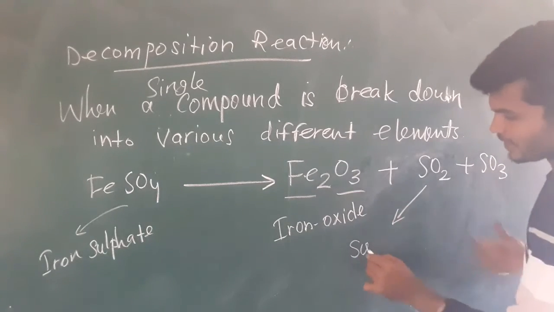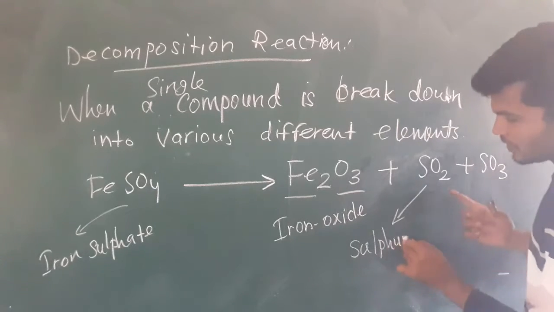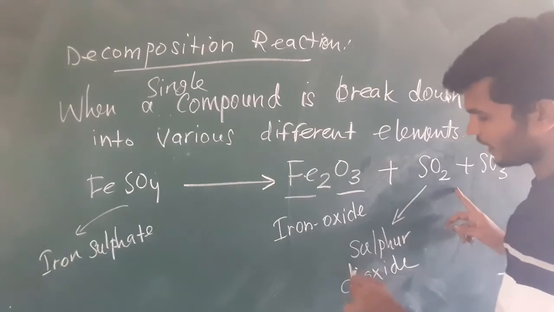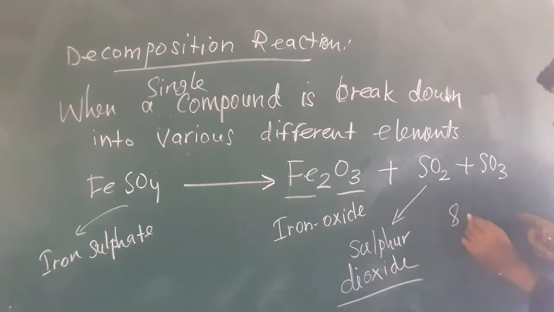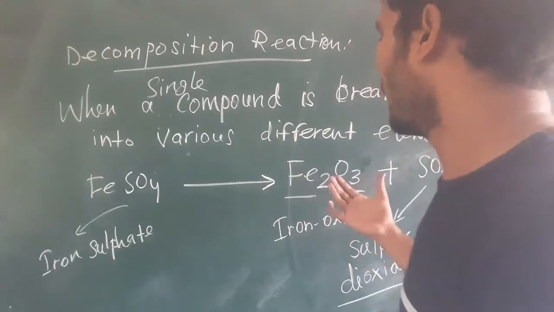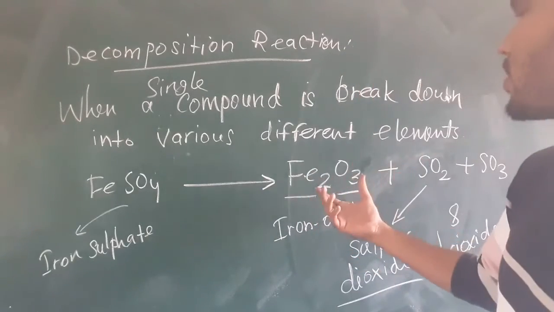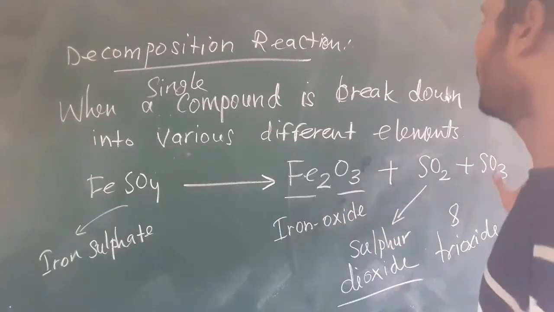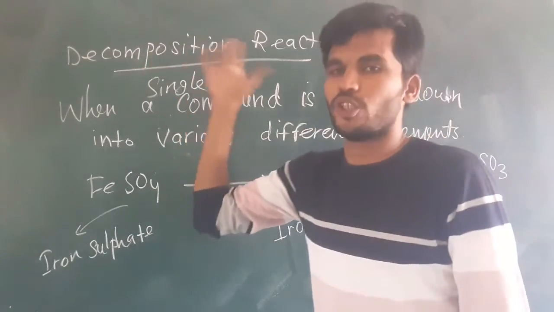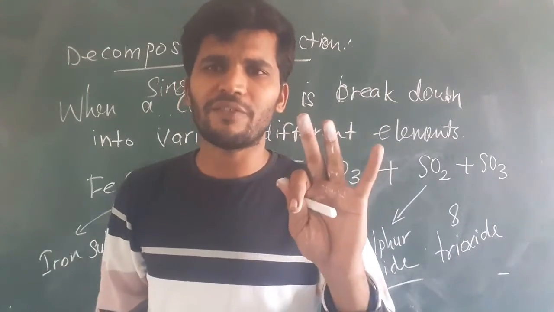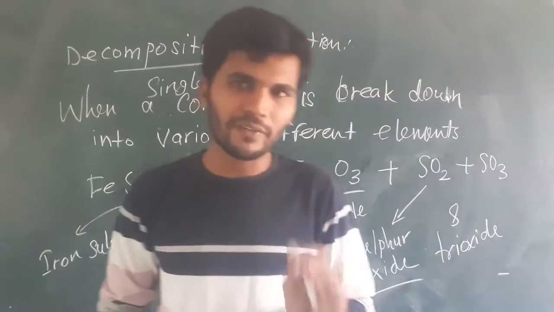SO2, S means sulfur and O means oxide, but here two oxygen is there, so sulfur dioxide, and this one is sulfur trioxide. So as we have seen, a single compound breaks down into three different products, and that is called decomposition reaction, right? Now these three types of reactions are very important in our syllabus.